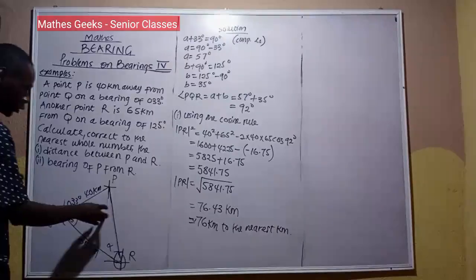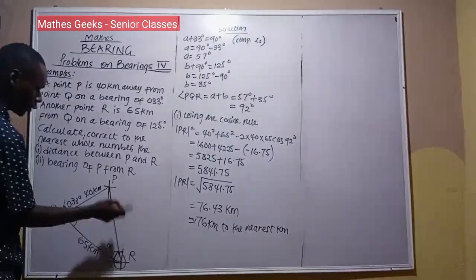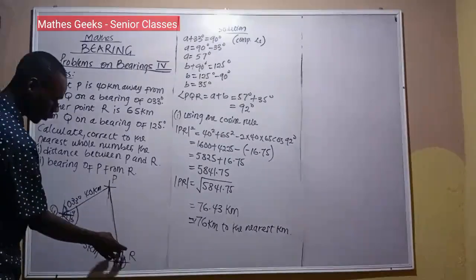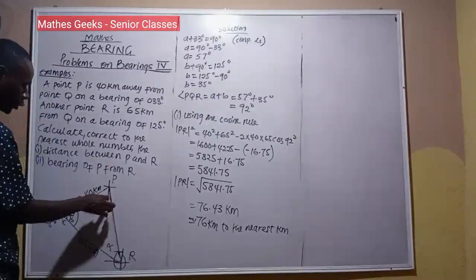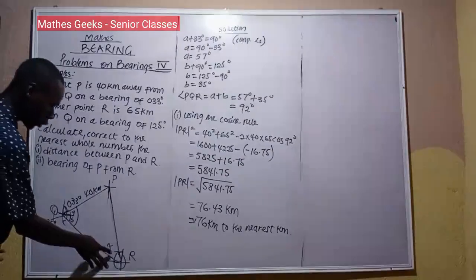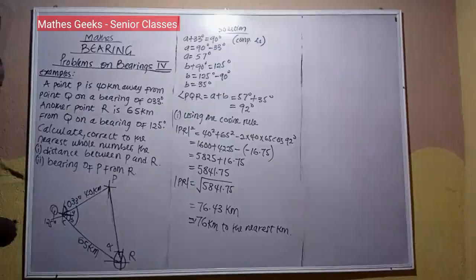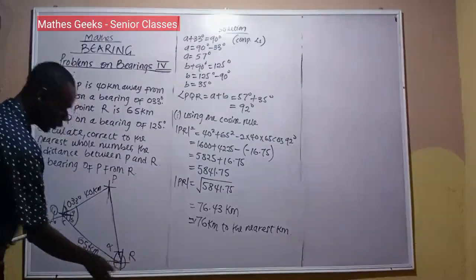But we can't do this because we don't know this angle, and the only way we could have known this angle is from here, using alternate angles. But another way to go about it is that we already know that from here to here is 180 degrees.